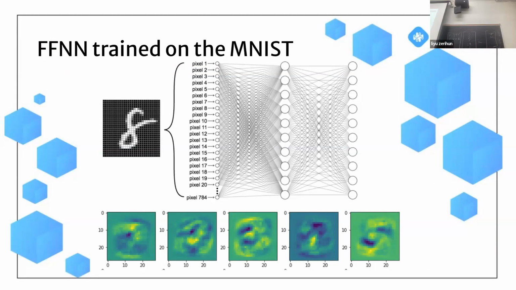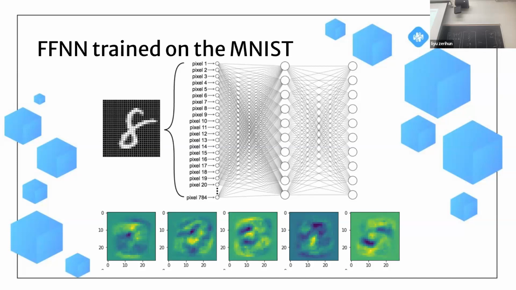Now suppose the pixel dimension is 784, and we just have 10 nodes in the hidden layer. We would need 7,840 weights just to train this image for one layer.